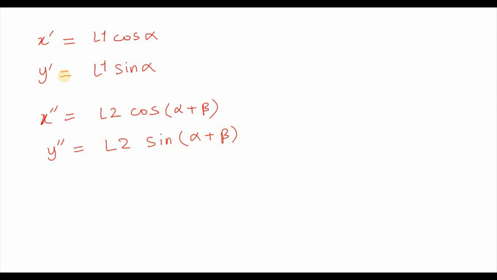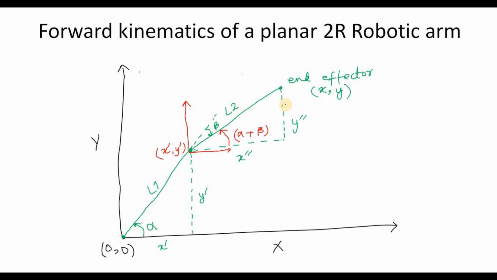Okay, so now we have these two values, and you see that the final length of the end effector along the y coordinates is the sum of your y dash and y double dash.